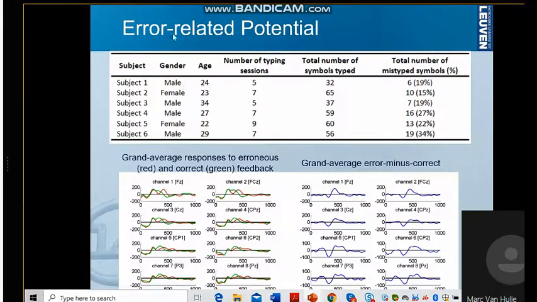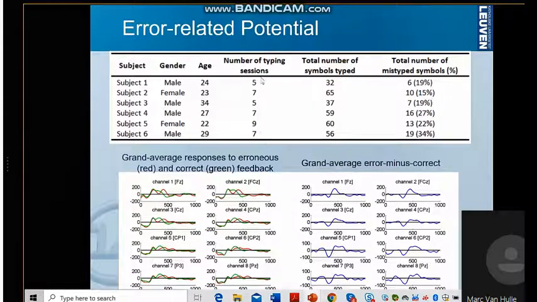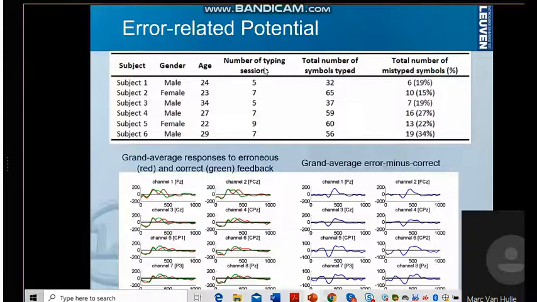So we have been doing some work there. The next slide shows 6 subjects, of different ages. Well, it's more or less in the age groups you would expect for university research, let me put it this way. And there are different typing sessions, with different numbers of symbols being typed, and then you see the mistyping rate here.